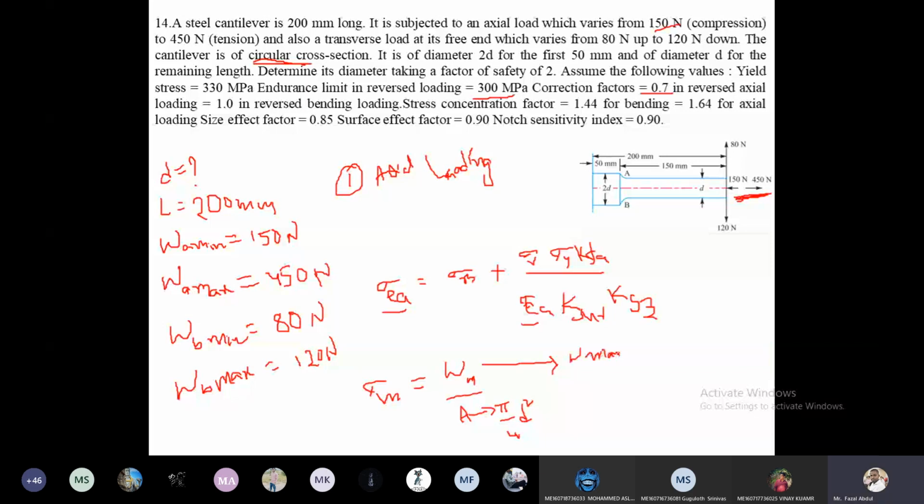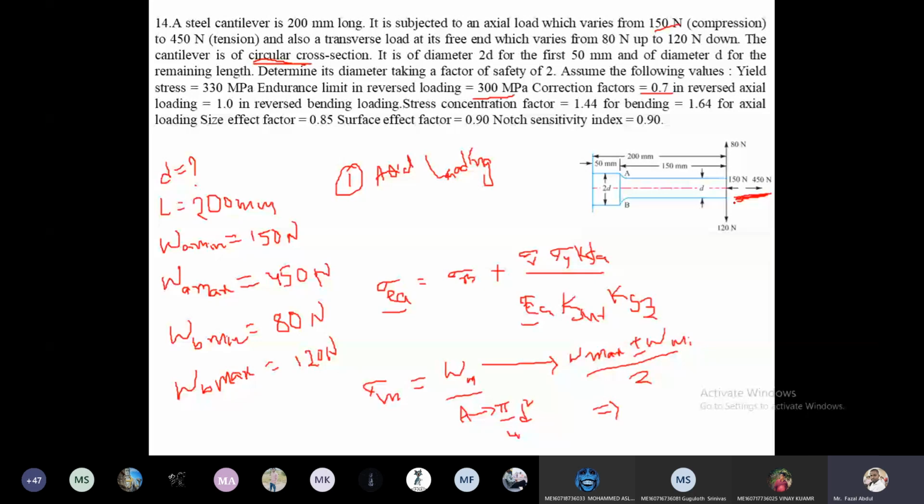Now what is the mean load here? Mean load is 150 plus 450. Actually here see the diagram. 450 is showing the positive sign, 150 is showing the negative sign. Don't substitute like maximum is 450 plus minimum as 150, 450 plus 150 is 600 by 2 is 300, not like that.